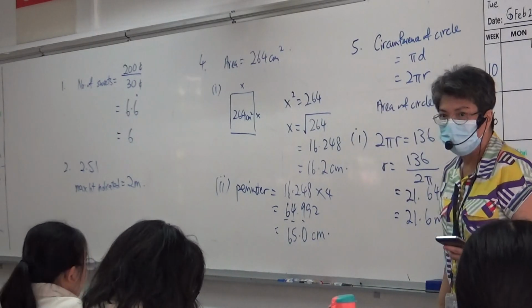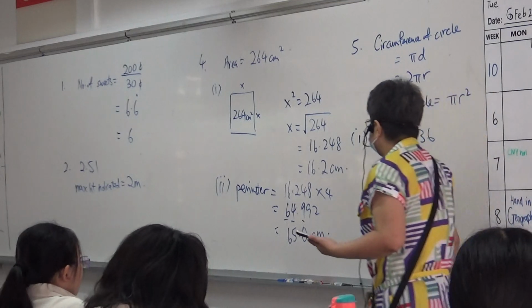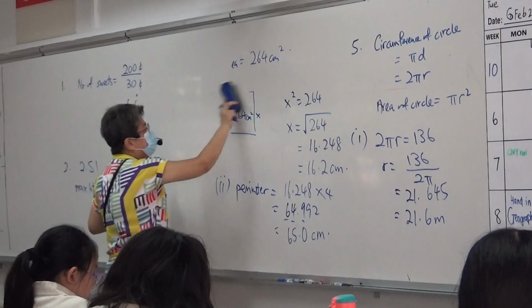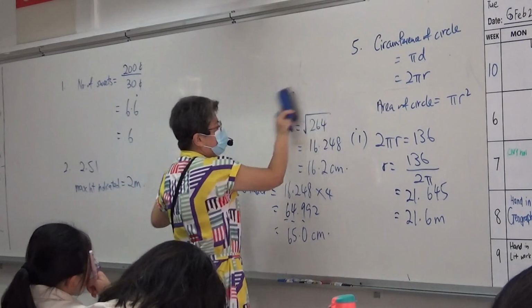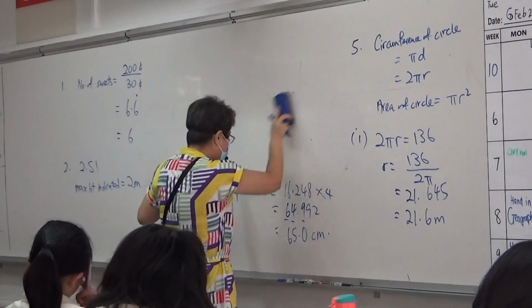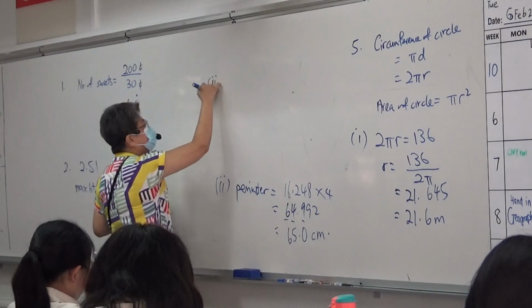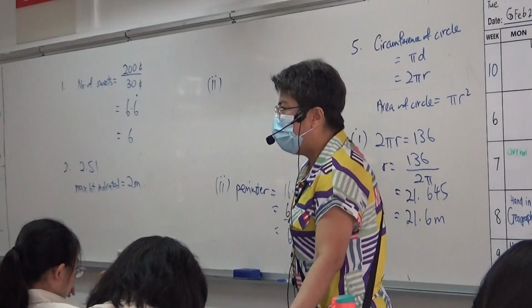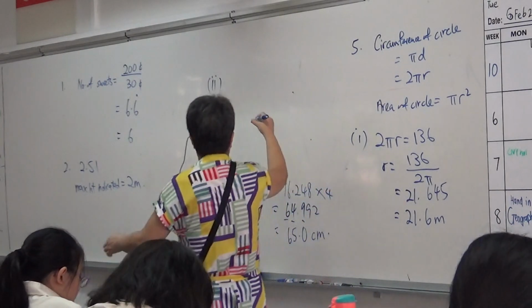Meters. You must look at the units carefully, okay? Alright. Then, can I clean off this thing already? Number 4 can I? What does part 2 tell you? What did they say? Find what? Find the area. Okay, good.